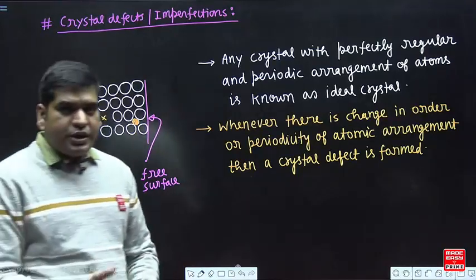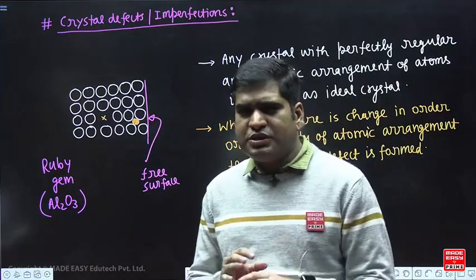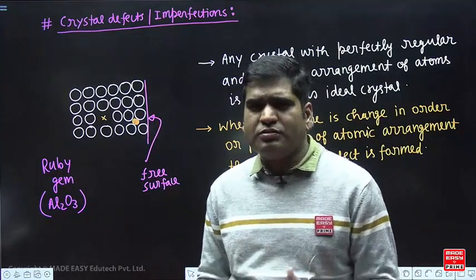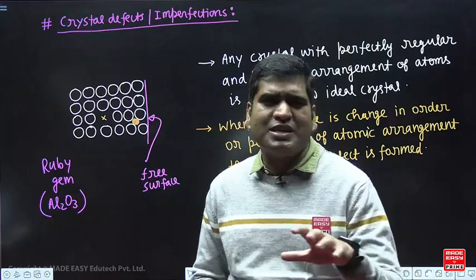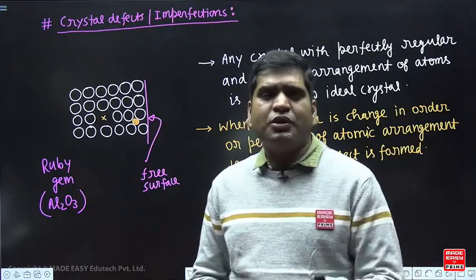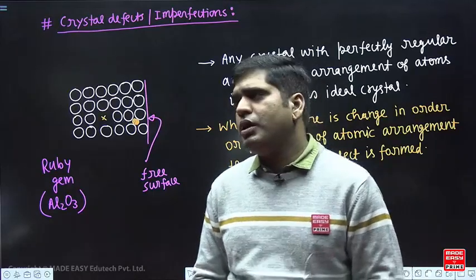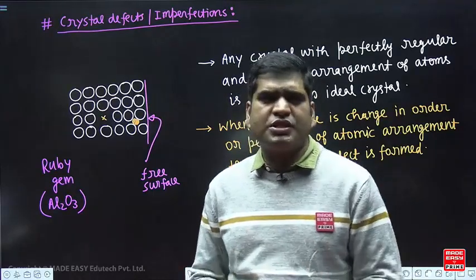When you extract it from nature, you will find the color of this gem is very dull. If you want to sell it with this color, you will not get any value for the gem. It is less costly.